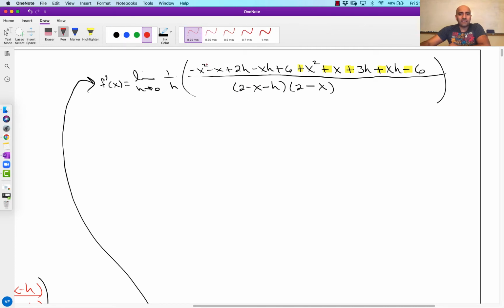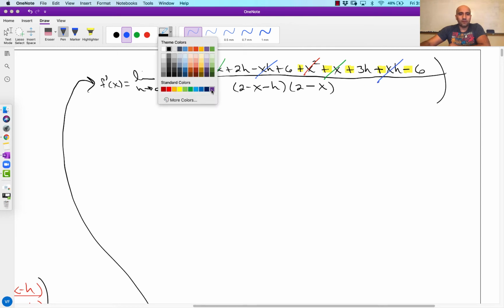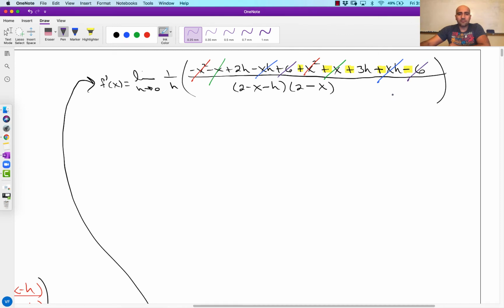The minus x squared cancels with a plus x squared. And the minus x cancels with the plus x. And the minus xh cancels with the plus xh. And plus 6 cancels with minus 6.